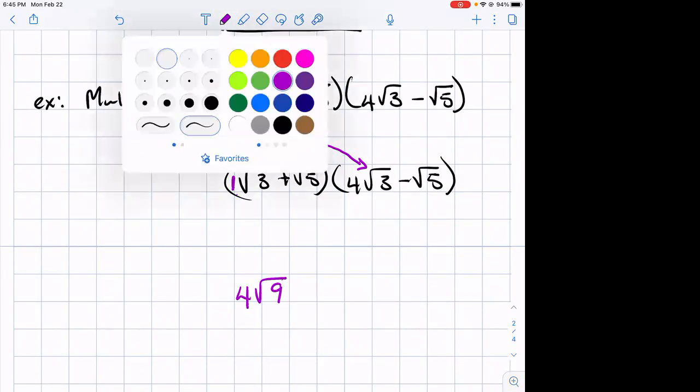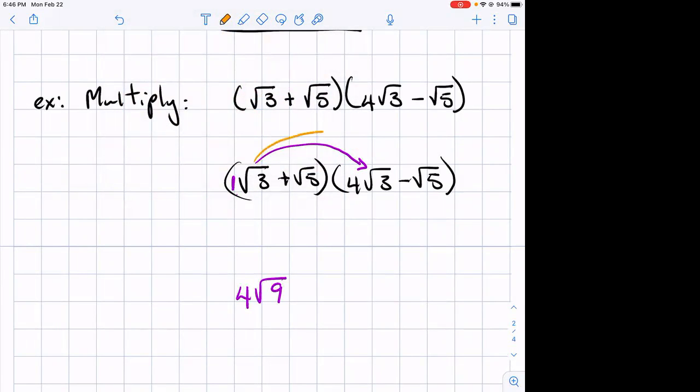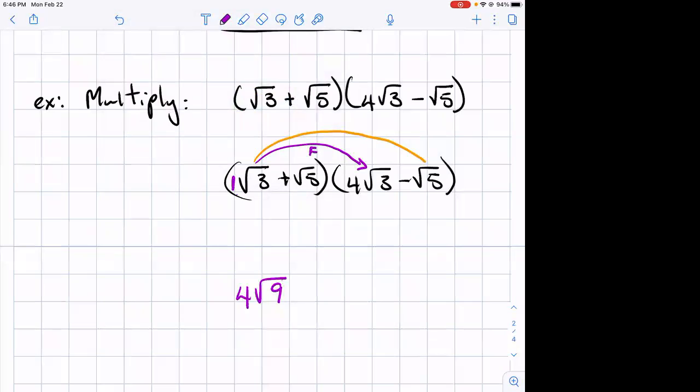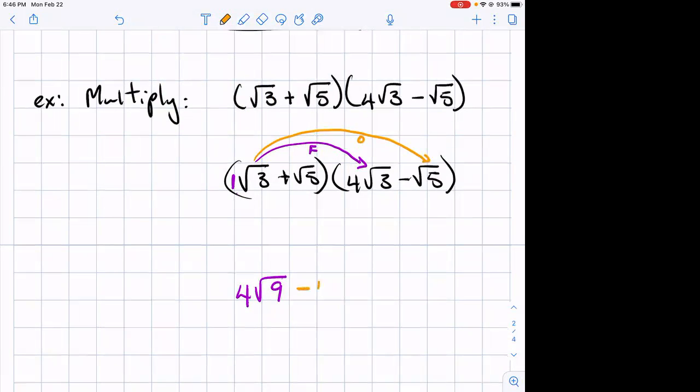If I use a different color, this now times this, that first one was the F in FOIL, and now we have O, right? If I multiply these two, this becomes minus, this 1 times this invisible 1 becomes 1, so we get minus 1, and root 3 times root 5 becomes root 15.